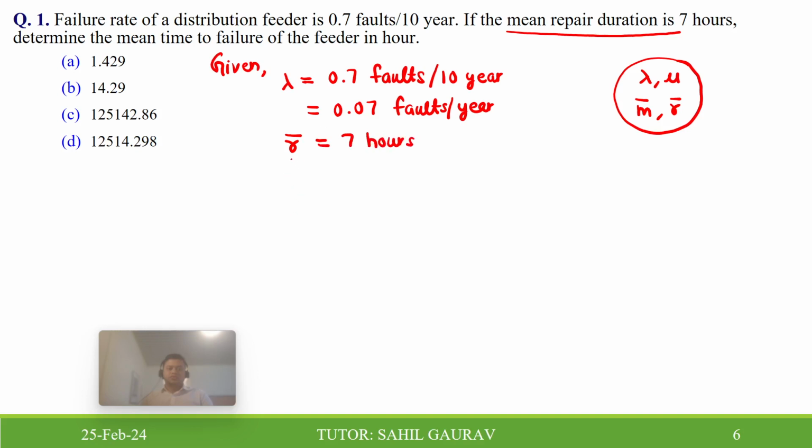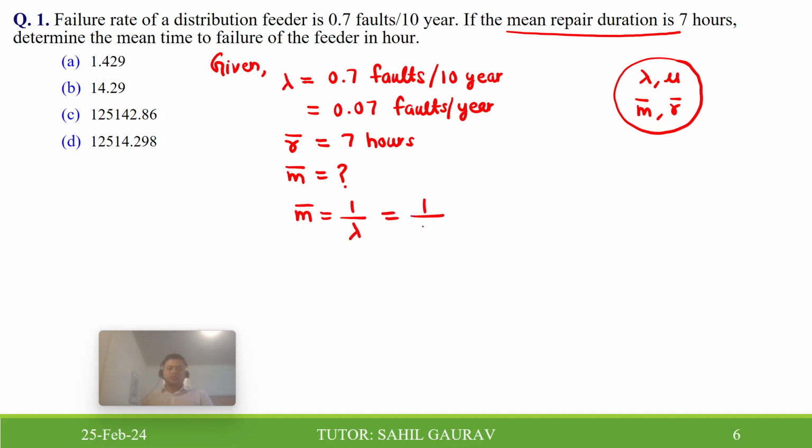And here they have asked to find the mean time to failure. That means you have to find m bar, and we know that m bar equals 1 upon lambda.